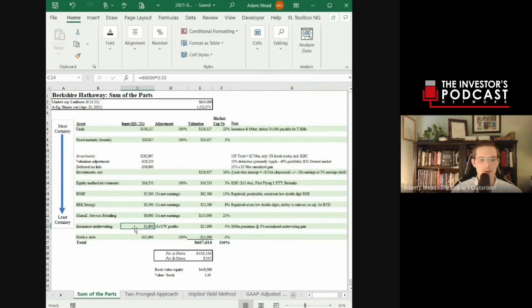The insurance underwriting, what I'm assuming here is that Berkshire can, on a normalized basis, generate about 60 billion in premiums at about a 3% normalized underwriting gain. I believe Chris Bloomstrand has used 5%. Yeah, I've just chosen to use 3%.